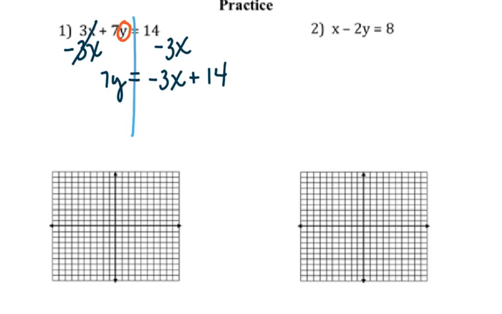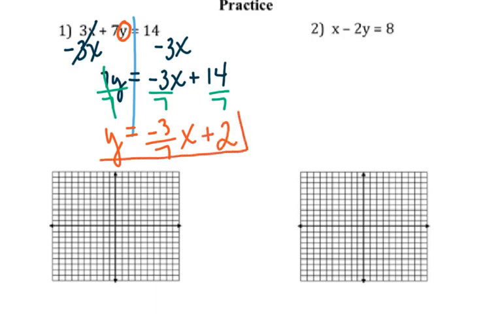Get y by itself. To get y by itself, we divide by the exact coefficient that was attached to the y. Look at that. Y is now by itself. So y equals negative 3 over 7 does not reduce, it stays negative 3 over 7. 14 over 7 does reduce, that's a positive 2.